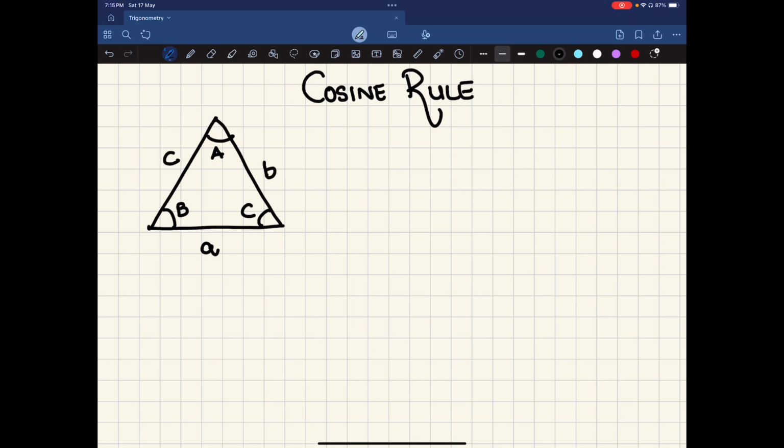Now here you need to understand the concept of the included angle that I've touched upon while discussing the area of the triangle, calculating the area if two neighboring sides and an included angle are given.